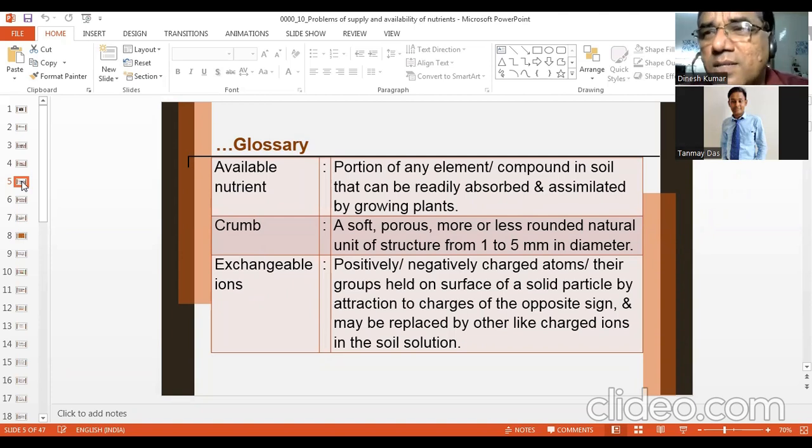So exchangeable ions are actually part of the cation exchange capacity and anion exchange capacity. Cation exchange capacity means capacity of the soil to hold ions, what quantity of ions it can hold. That is your cation exchange capacity, and anion with respect to anions.